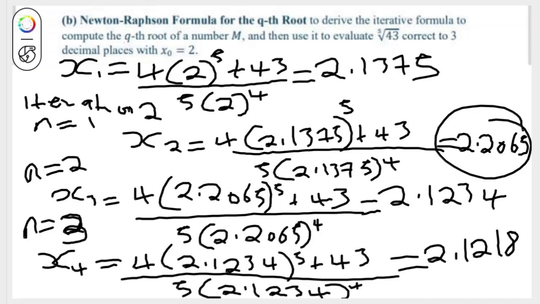So now we are going to perform the fifth iteration, iteration 5.